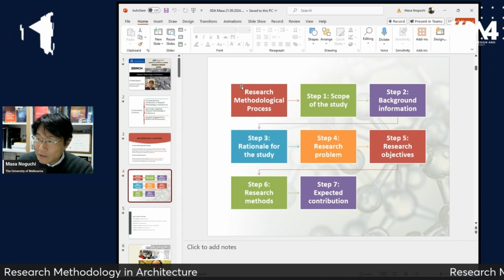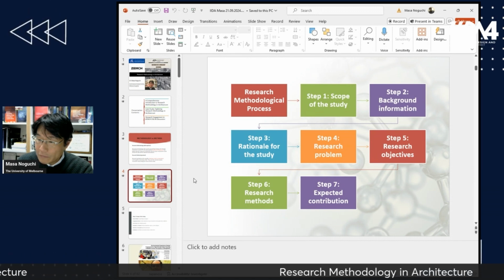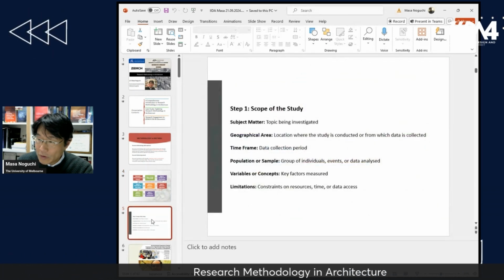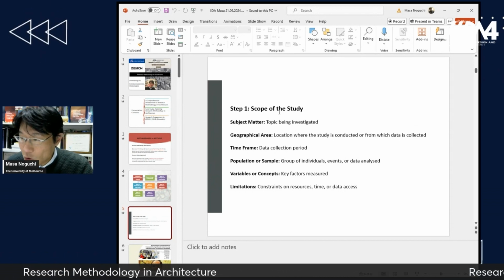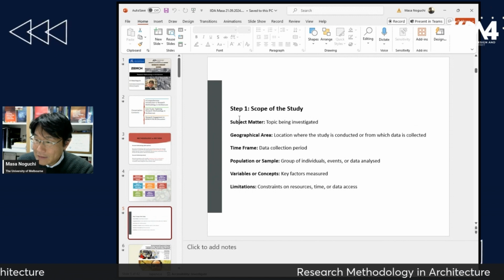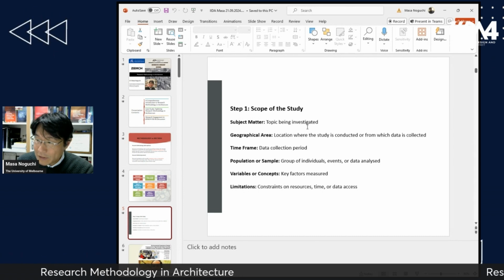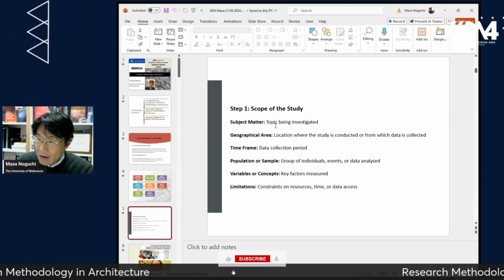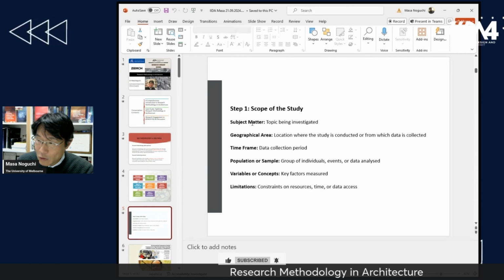Let me start with step one, scope of study. What does scope of study mean? A scope of study is the area and the subject matter, the topic being investigated. That is the very important component of the scope.